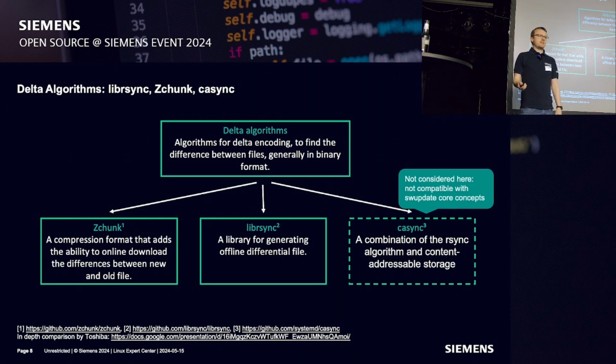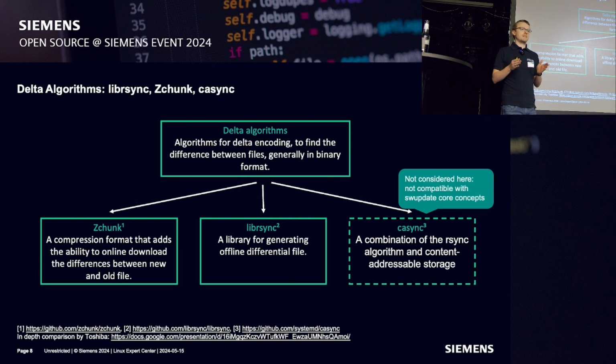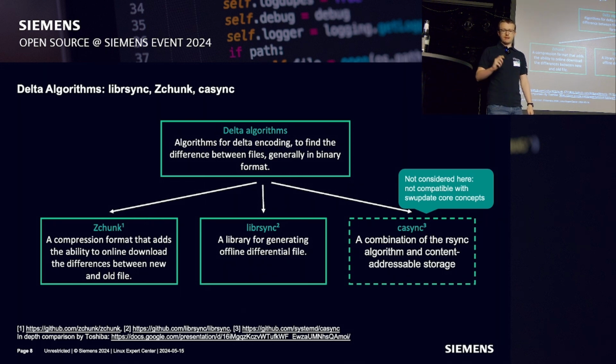It's not considered here because it doesn't really fit into the core concepts of SW update, that you ideally just have one file to describe your update, or maybe two, but not a whole set of files which you need to provide on a server in a particular way. And also there's unfortunately no library to control that. That's why I have it here on the slide for the sake of completeness, but we don't look at that closer.